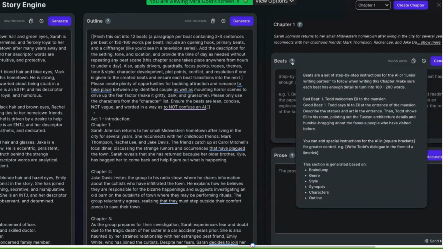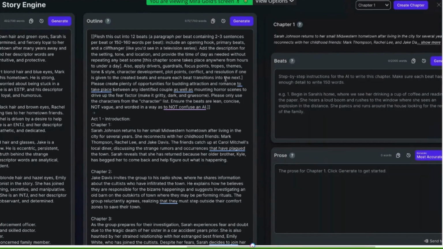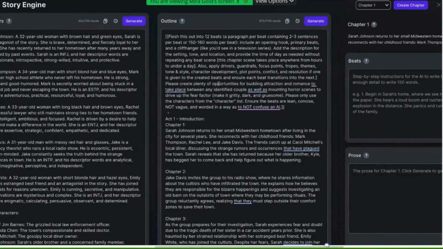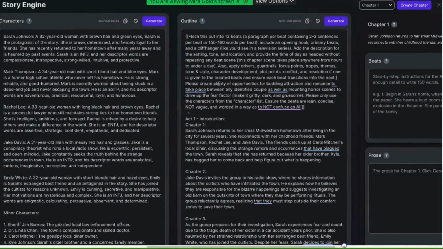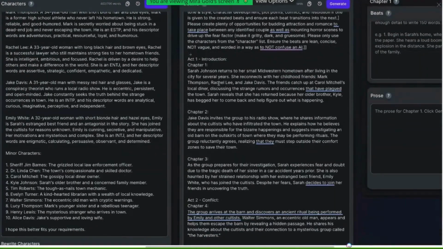If I don't have the right information, it's going to go off the rails, or it's not going to give me the information that I want. That is how much micromanagement you have to do when you're writing to keep it on track. At least that's what I have to do to keep it on track. I'm an extreme plotter planner though, so I love this stuff.